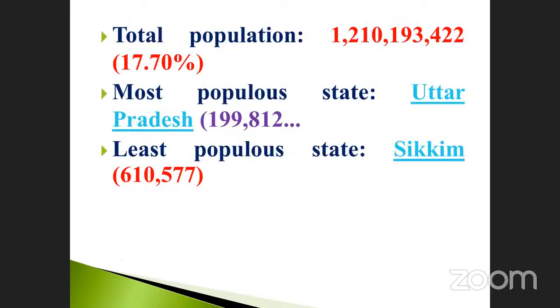See here, the total population, already told, is 1.2 billion. The most populous state in our country is Uttar Pradesh, and the least populous state is Sikkim, as per the 2011 census. Why are we studying this?